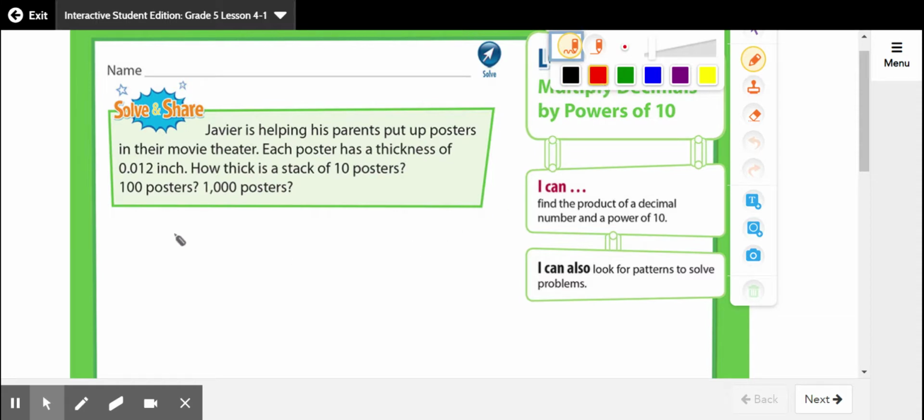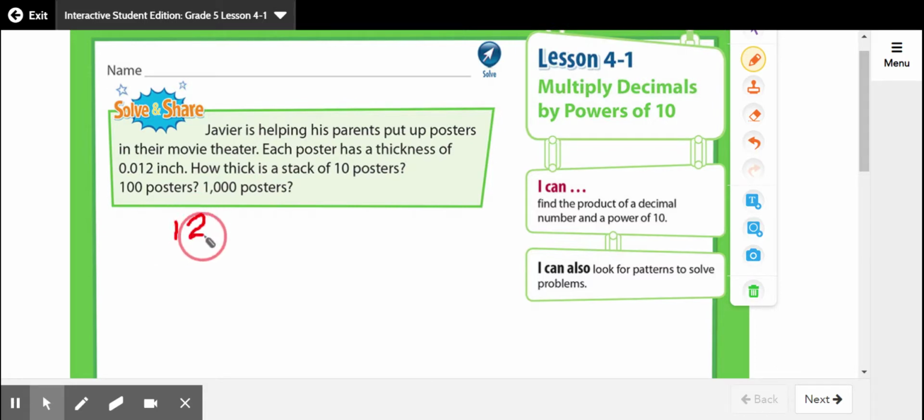Now, first I start with a problem I know so I can kind of get a handle on this. If it was 12 inches for a piece of paper, which actually a piece of paper would not be that thick, and I times it by 10 posters, how thick would that stack be?